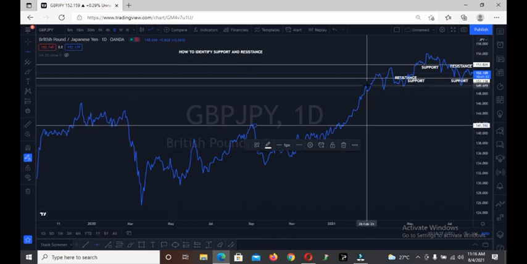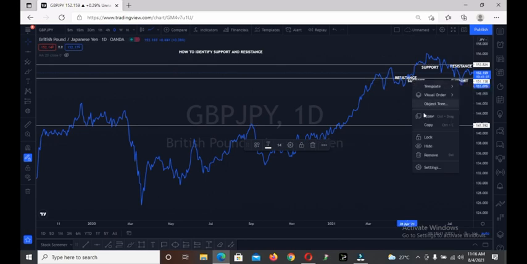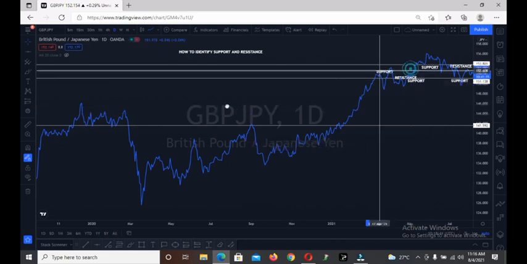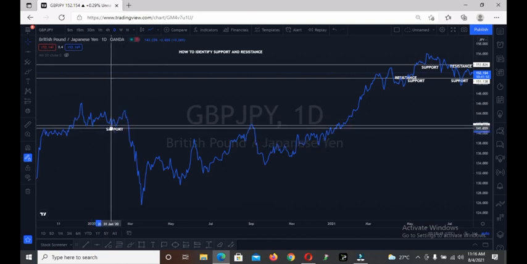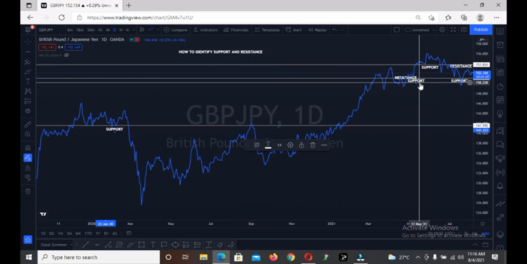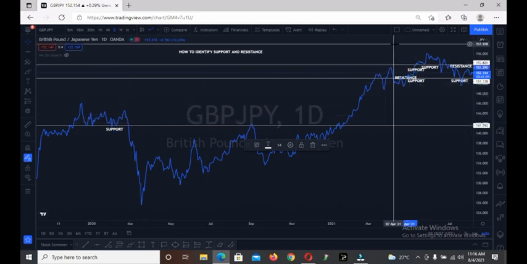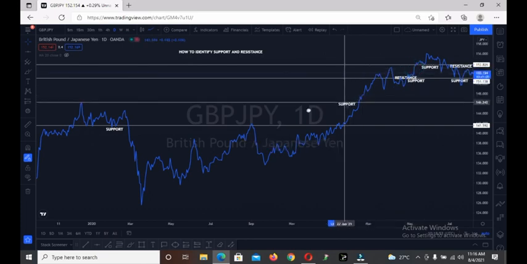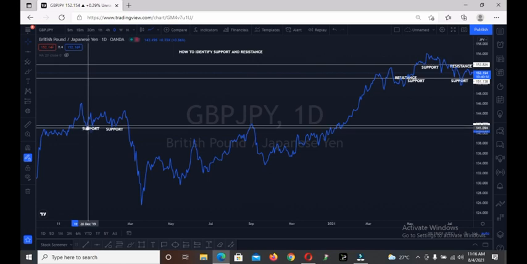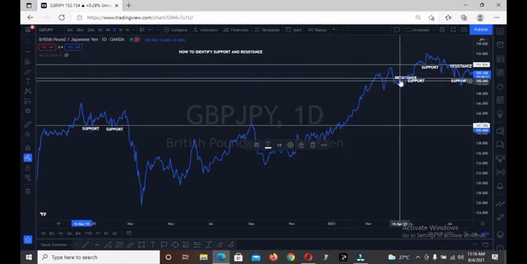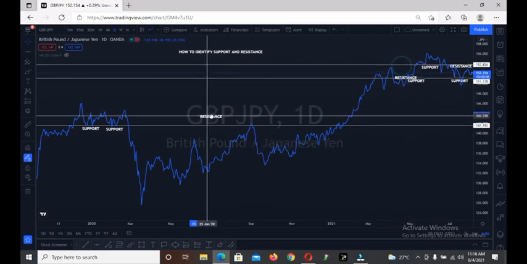Here is another typical example of support and resistance. Here is the support level. Support level. Here is the resistance.